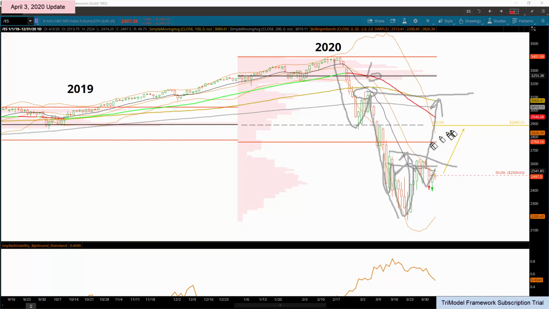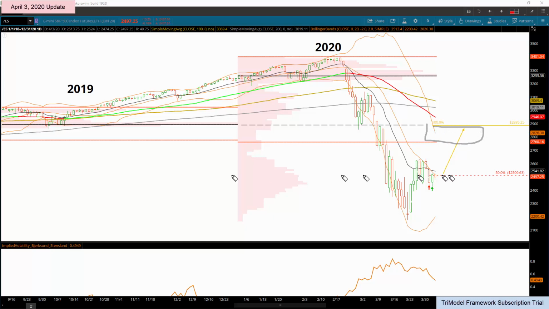All right, so what I'm really expecting again is an ABC to this area, followed by the next phase of the bear market. Now, when I say next phase of the bear market, I don't necessarily mean new lows in store.